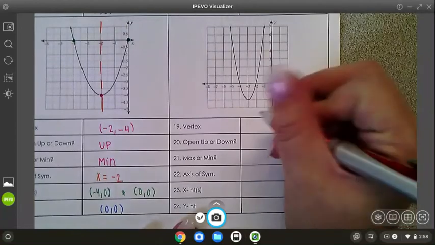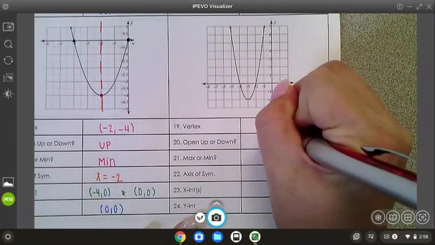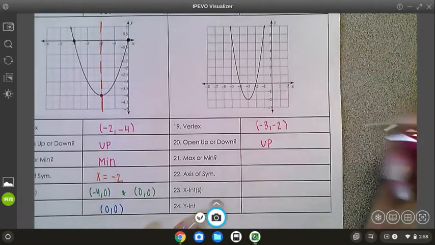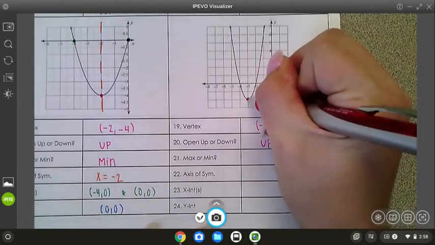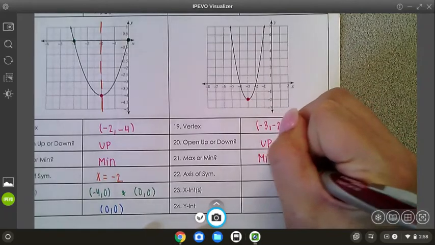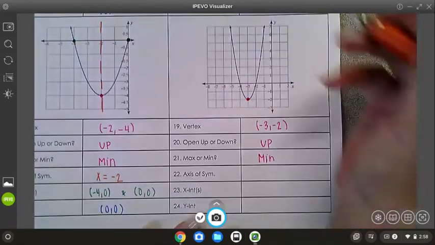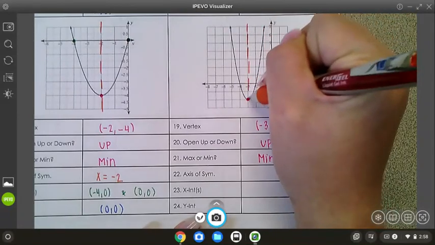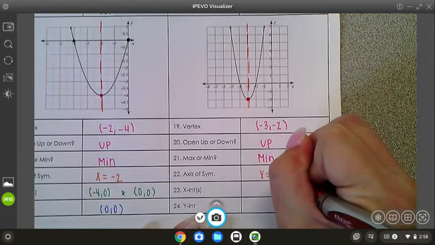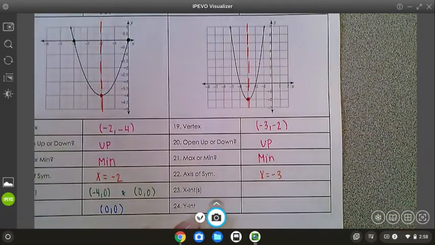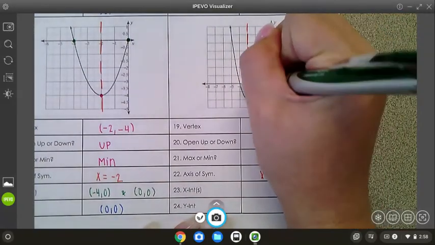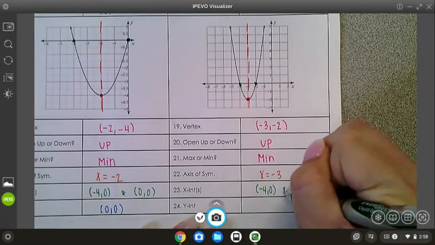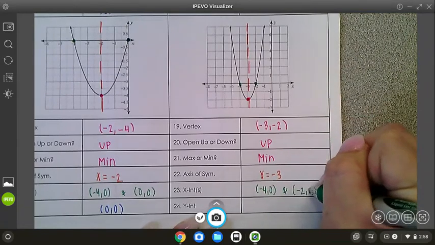So the vertex, you should have got -3, -2. It opens up, and it's a minimum. The axis of symmetry, x equals -3. Your x-intercepts are -4, 0, and -2, 0.